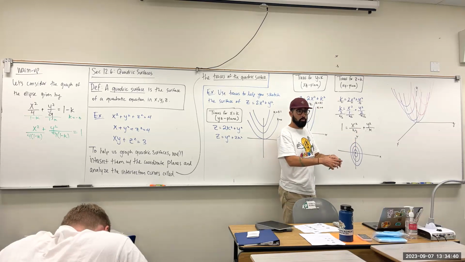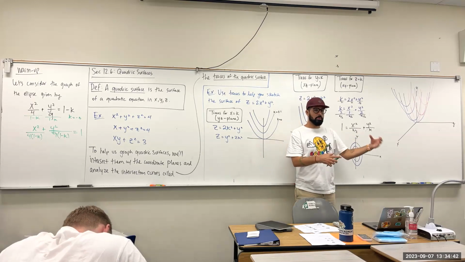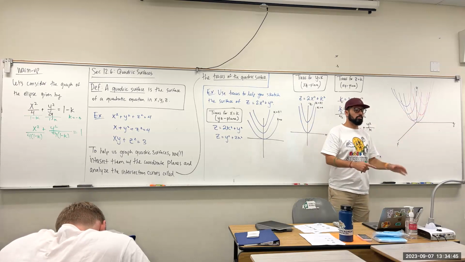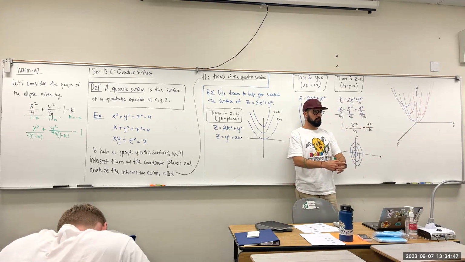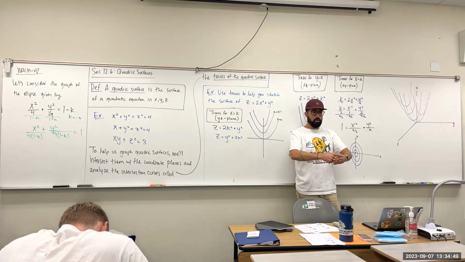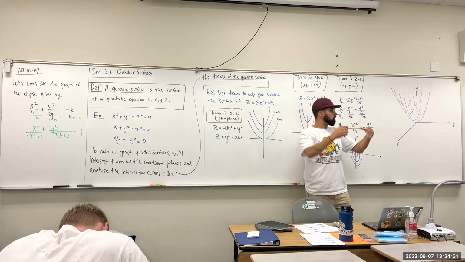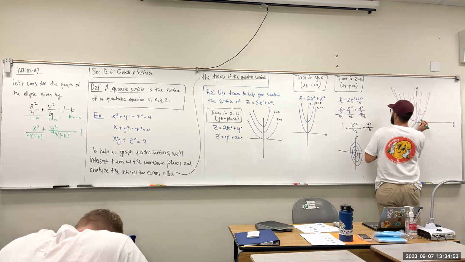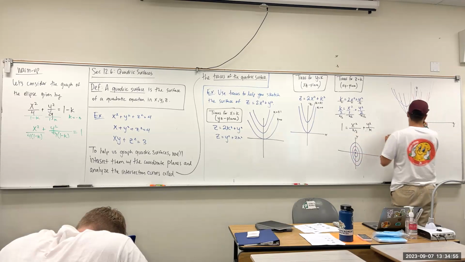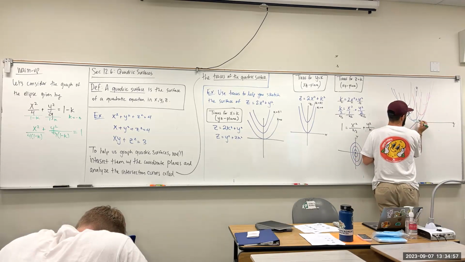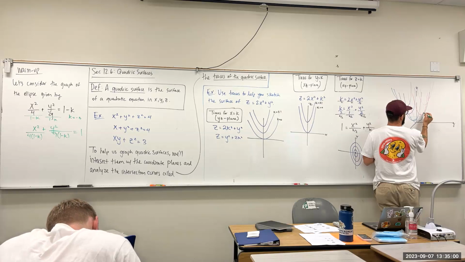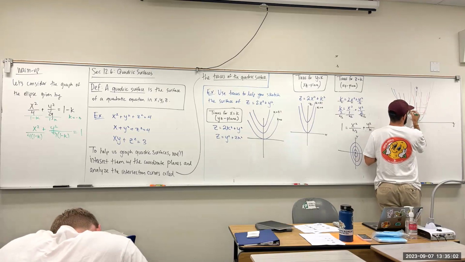The parabolas were getting wider, right? But what was happening to the ellipses in 3D though? They were getting larger, but they were getting stacked on top of each other. So they were going like this. And they were wider in the y direction, right? So they were doing something like this. Like that.